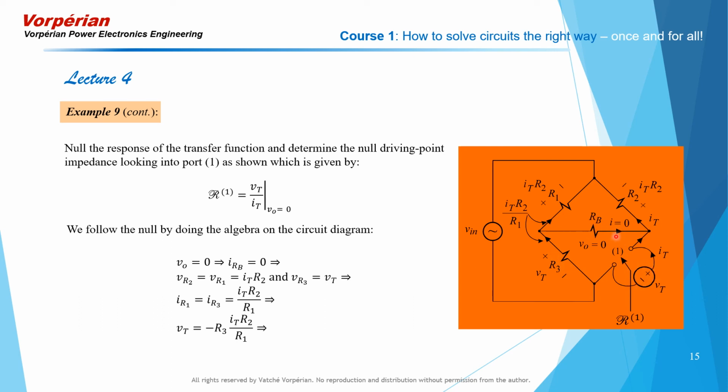This voltage here is 0. Vt appears across R3. So Vt equals the voltage drop across R3, which is given by this current here, ItR2 over R1, times R3. And we see that the null impedance, or the null resistance looking into port 1, is negative.